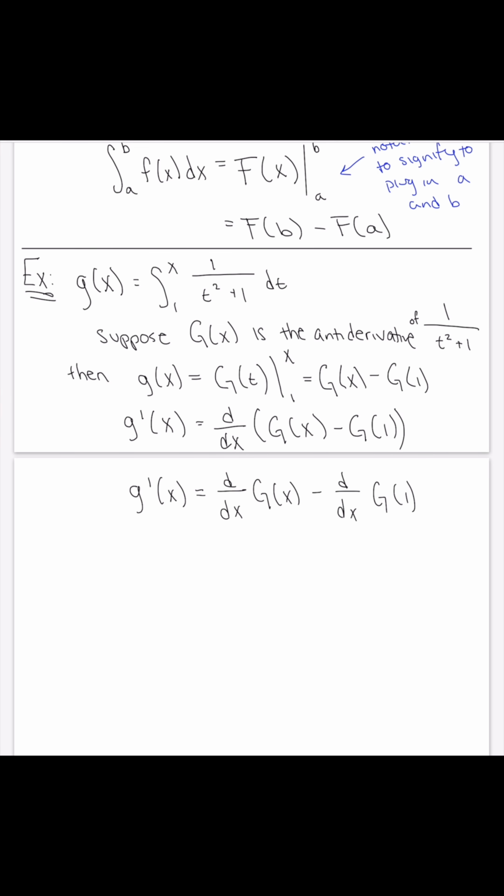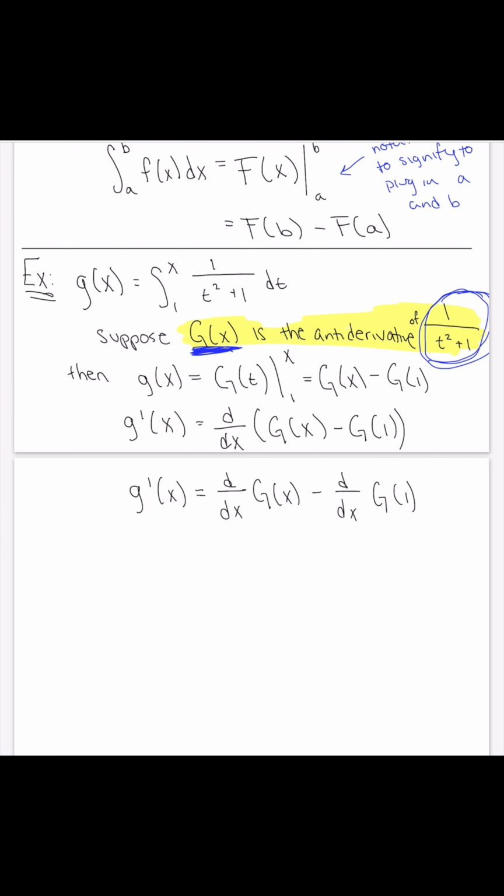And remember, capital G of x is the antiderivative. So if I do the derivative of the antiderivative, what's that? We just get the function itself back. The function itself is this 1 over t squared plus 1. We said capital G is the antiderivative of this function. So if I take the derivative of this antiderivative, it cancels out the antiderivative and I just get back to this.